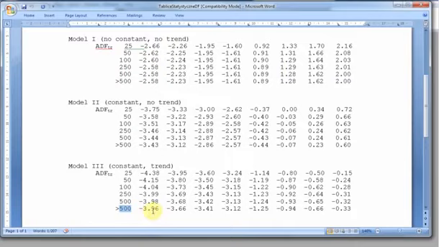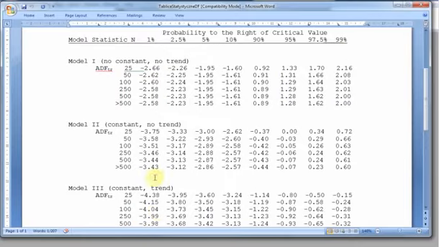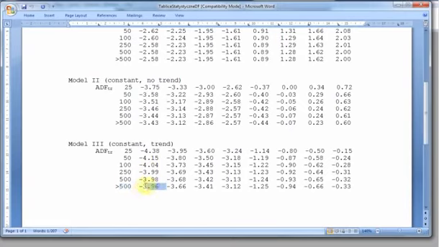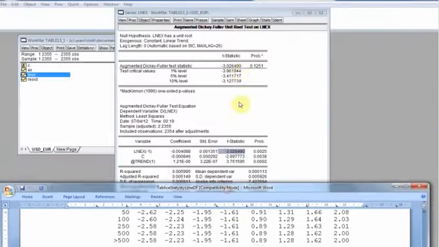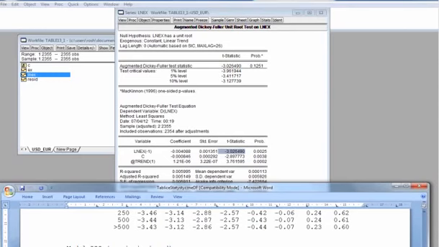So at 1%, our critical value against which we compare our t-stat is minus 3.96, which, if you look at this here, is the same as this one. Now at 5% it is 3.41, so it's this one, and at the 10% level it is this one.